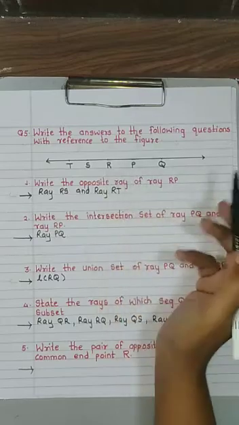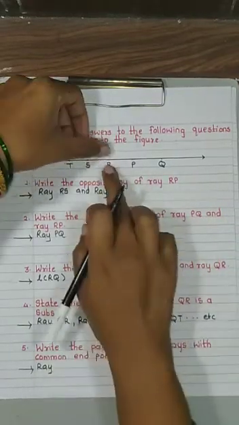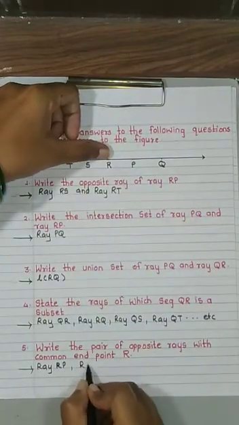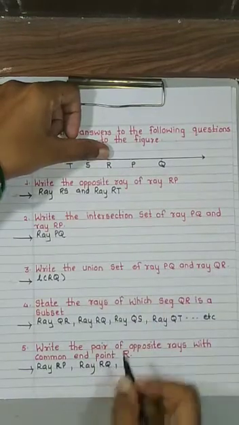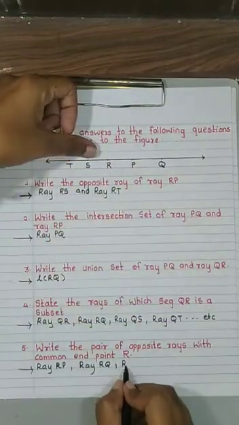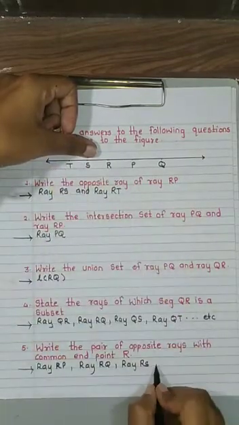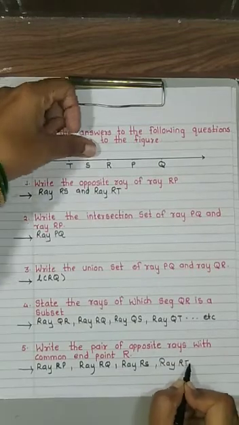What they have is the endpoint R. I'll write down the first one, ray RP. After that ray RQ. After that ray RS. Then ray RT.